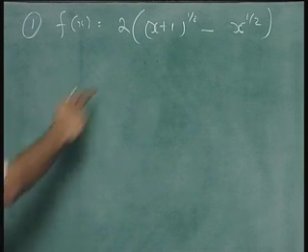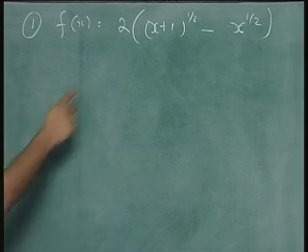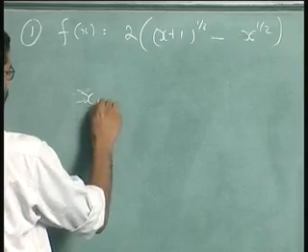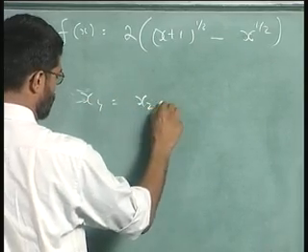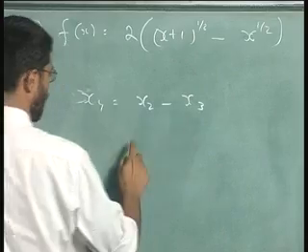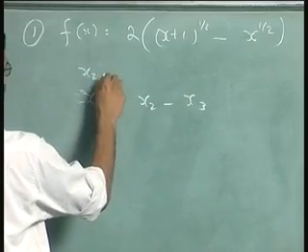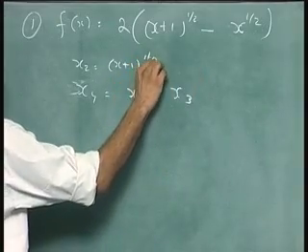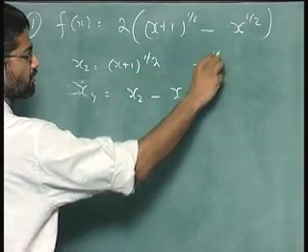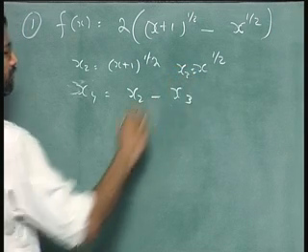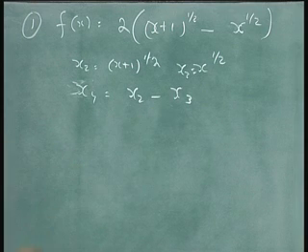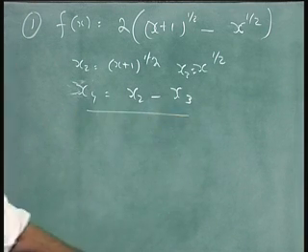One way is to avoid that step. Remember the problem was in the last step, x4, which we wrote as x2 minus x3, where x2 is root of x plus 1 and x3 is x to the power of half. These were the 3-4 steps, and this is the one which had the problem. So how do we avoid this particular step?